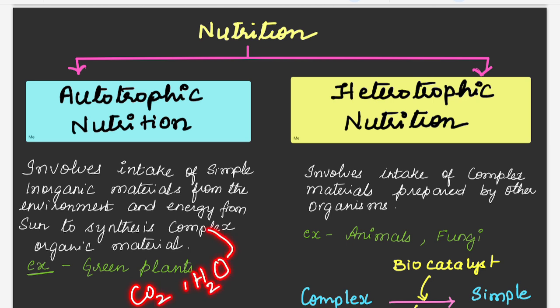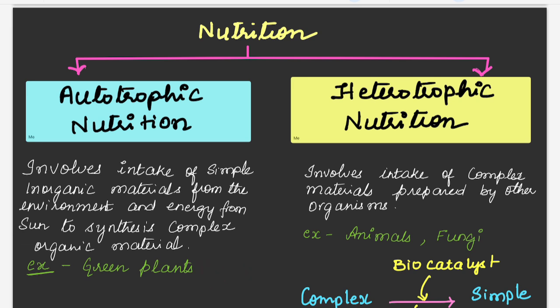These carbon dioxide and water are called inorganic material. From where are they getting this? They are getting it from the environment. Also one more important component is energy. They need energy from the sun, that is nothing but sunlight.